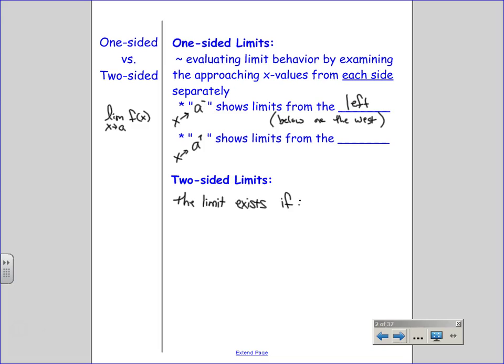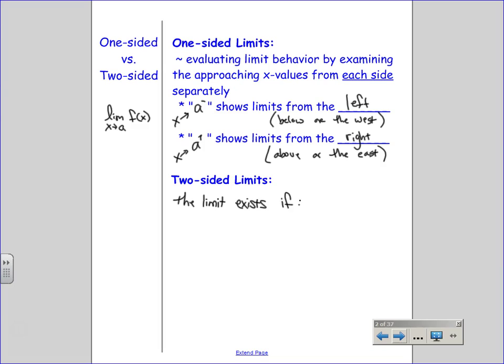From below, like on the number line, from below, from the left, from the west, if you're thinking about the actual location on a graph. As X approaches A positive, now I'm coming from, let's just do all the opposites, right? From the right, aka from above, aka from east. One-sided limits, you can approach from just one side, just from the west or just from the east.